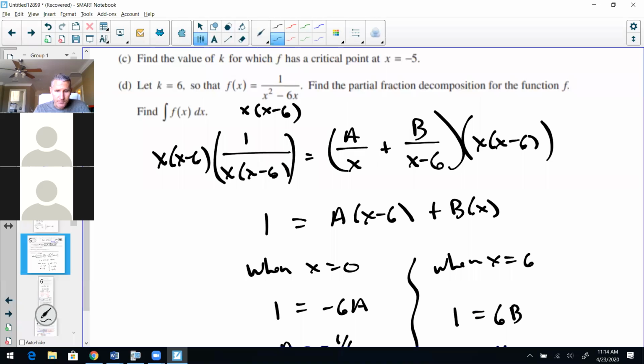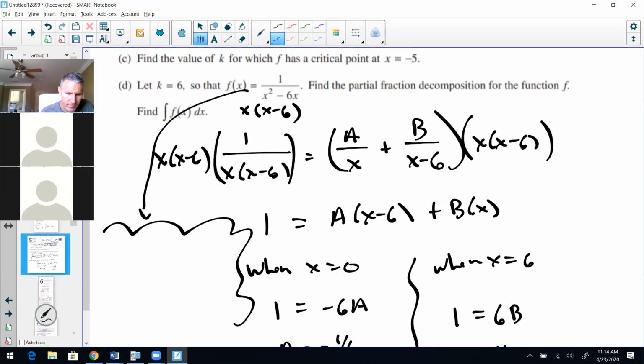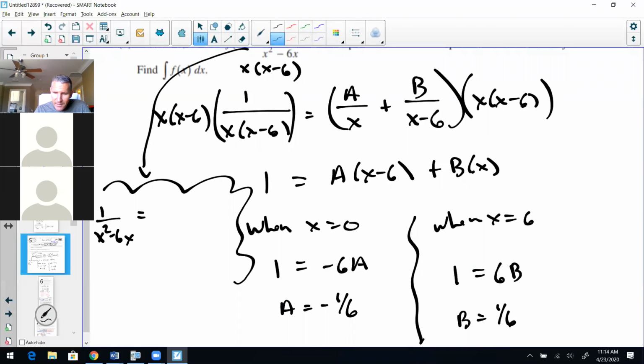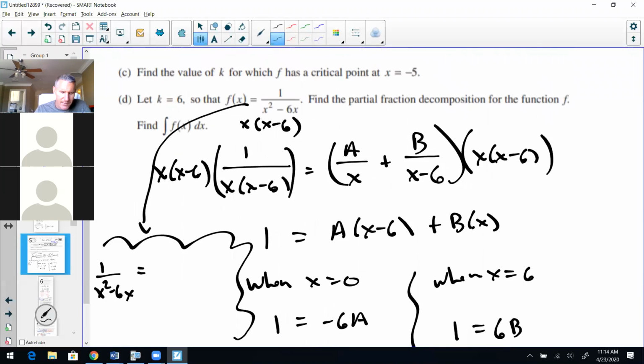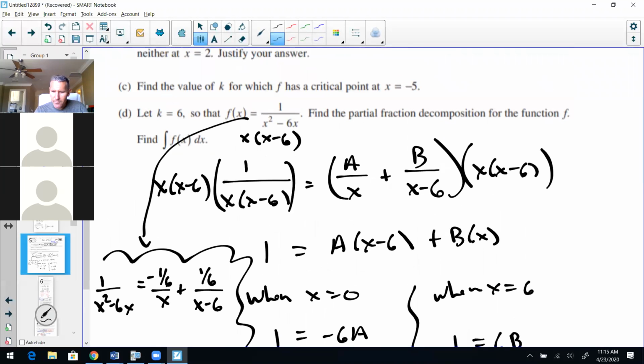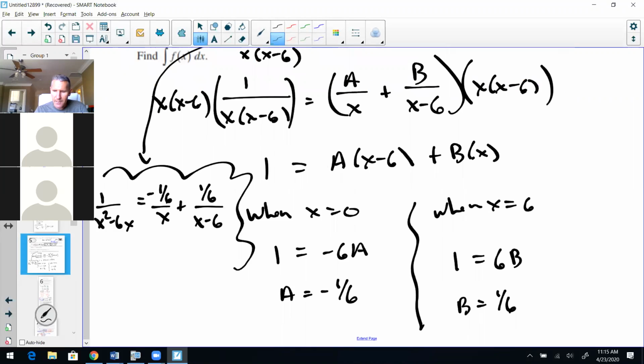So therefore, this fraction, 1 over x squared minus 6x, is equal to negative 1/6 over x plus 1/6 over x minus 6, which is what we just found because I solved for a and b.